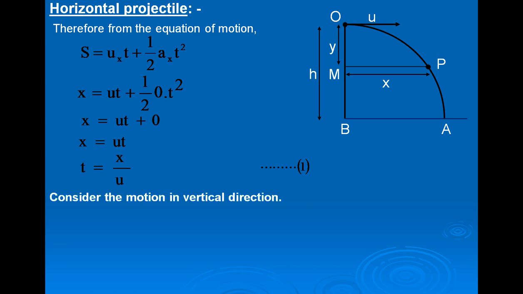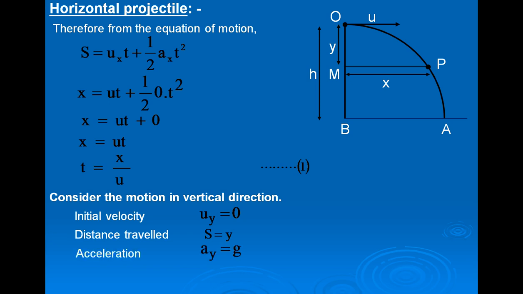Now consider the motion in the vertical direction. Initial velocity uy is equal to 0, because we are given the initial velocity in the horizontal direction. Distance traveled is s is equal to y.